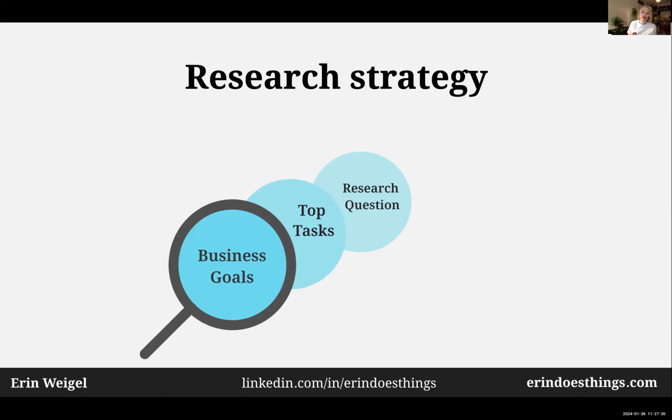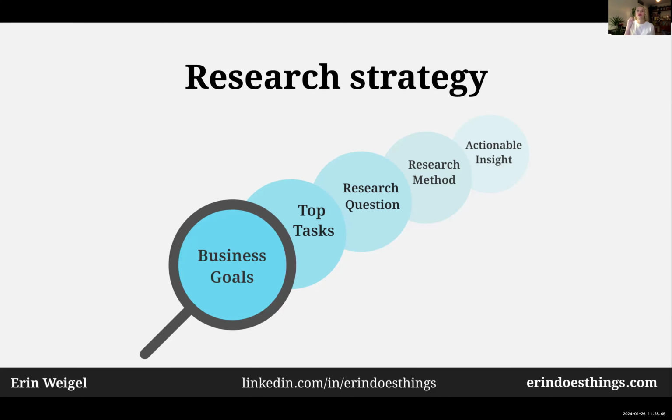From there, you're able to write research questions about those top customer tasks, like, what are the issues that people have completing these tasks, right? And then from there, you can figure out what research method you should be using to answer those research questions that are related to the top tasks that are likely to impact your business goals. From there, you would get a whole list of actionable insights from doing your research that tie the whole way back up into your business goals.